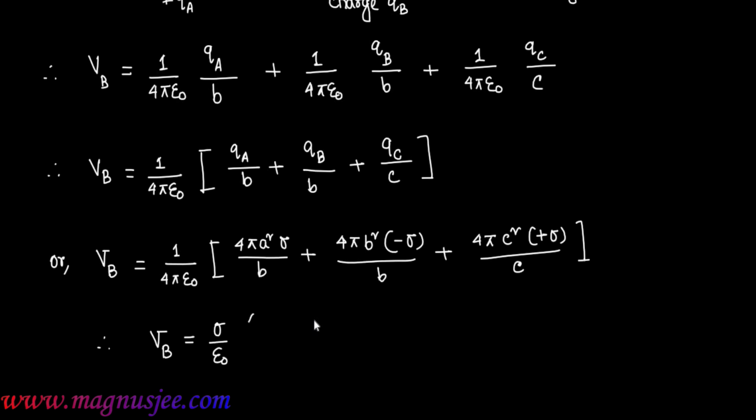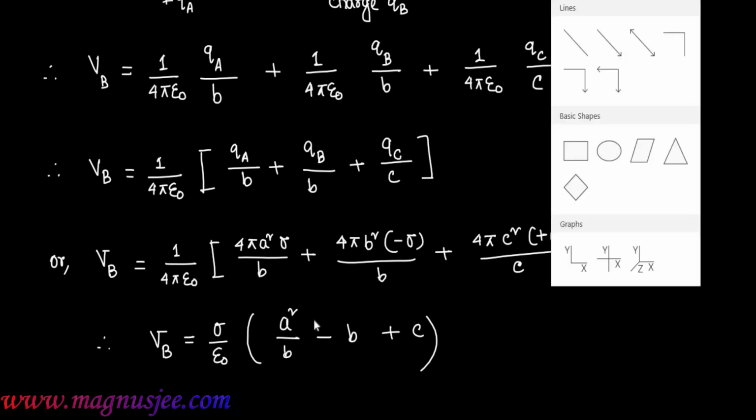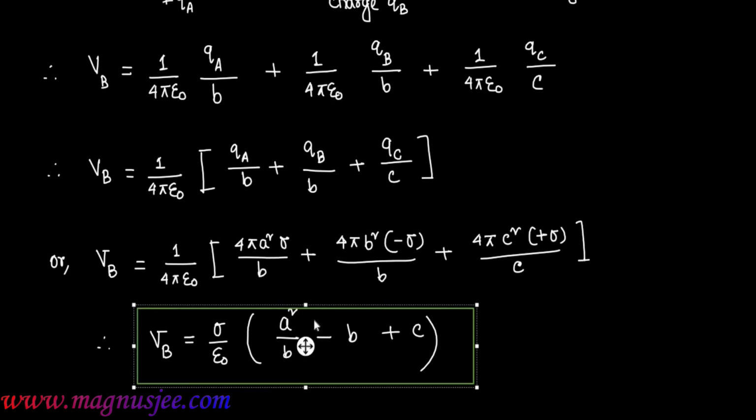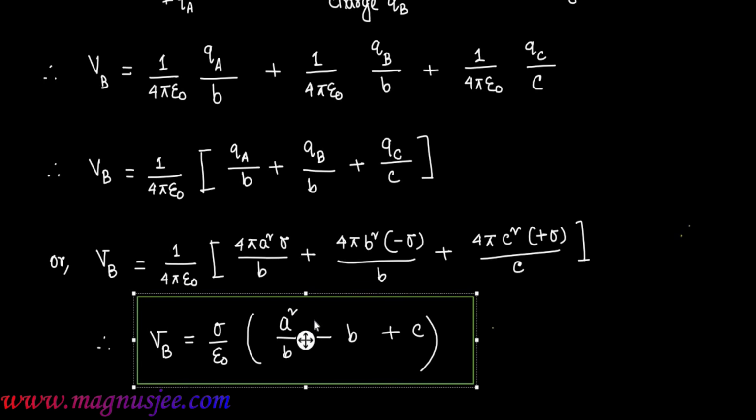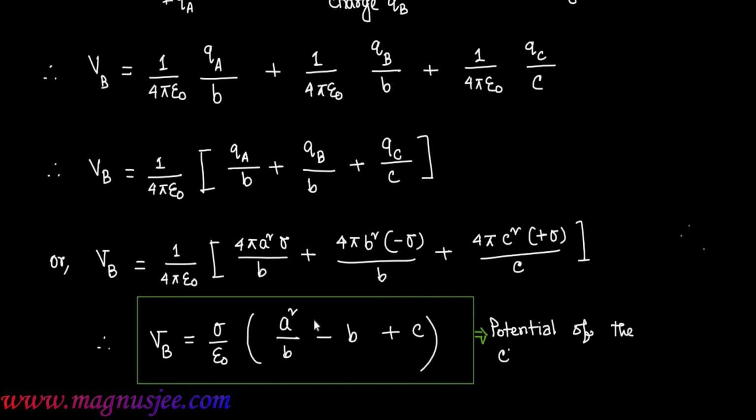Therefore VB equals sigma by epsilon 0, a square by b minus b plus c. That is the electric potential of the shell B, the electric potential of the charged metallic shell or sphere B.